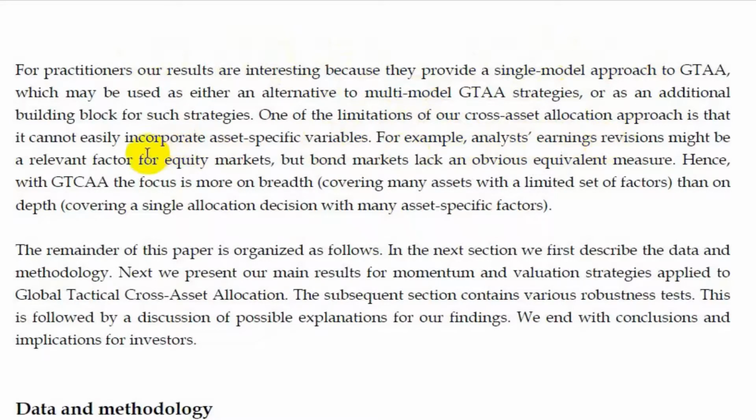For instance, equities might use particular variables, for instance analyst earnings revisions, and bonds may use other types of variables, which may not be appropriate for the equity markets. So in their model, they're using variables that can be used across all of the asset classes, or a limited number of factors, instead of diving deep into the allocation with different types of factors.